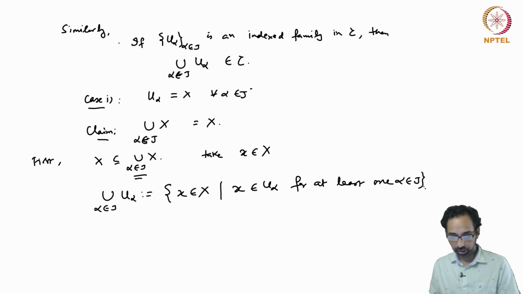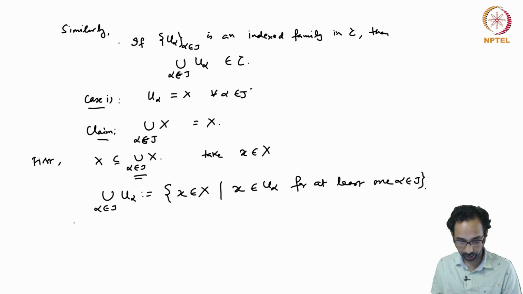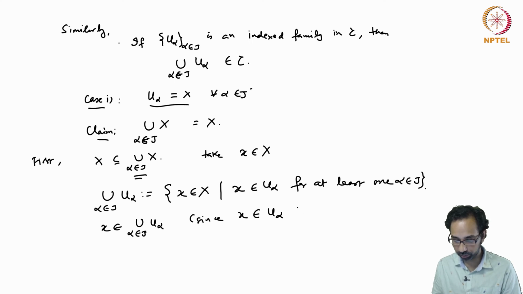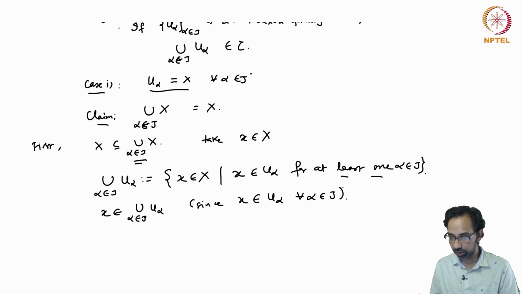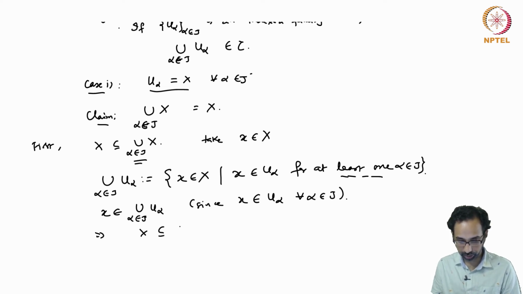Here of course all these U alphas are exactly equal to X. So in this case all these U alphas are X, so therefore you can choose any alpha and x belongs to that set, since x belongs to U alpha for all alpha in J. We wanted it for at least one, but we actually see that in this case it is true for all alpha. This implies that X is a subset of this union.